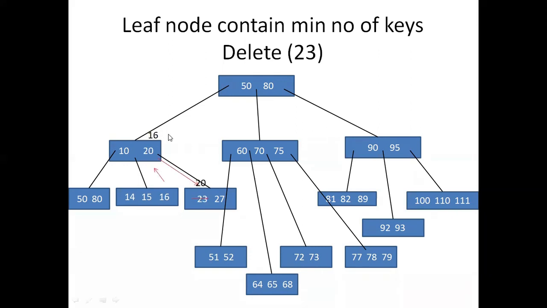So just keep in mind that if you want to delete some key value from a leaf node which already contains the minimum number of keys, then what you need to do is borrow the key from its left or right sibling. While borrowing from the left sibling, the maximum value from the left sibling will go in place of the parent, and the parent value will come in place of the deleted element.